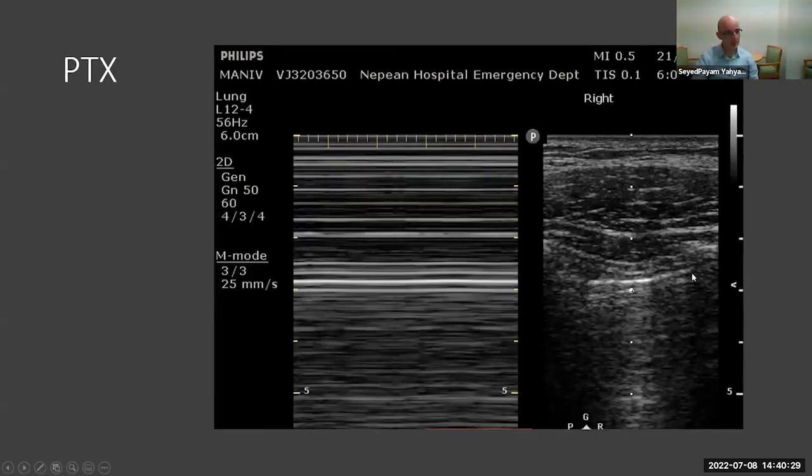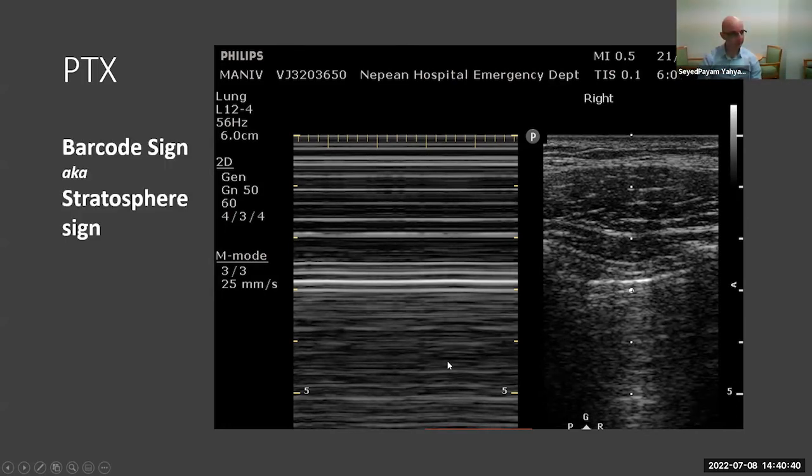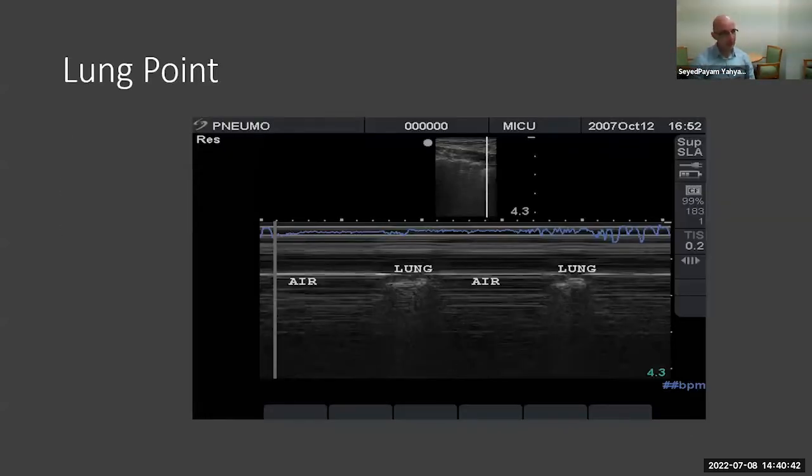If there is any air in the pleural space from a pneumothorax, then we will have the barcode sign or the stratosphere sign, with linear lines going beyond the pleura in M mode. If the pneumothorax is not going all the way around the chest, when we are sweeping around, we might see the lung point, which is where the pneumothorax ends.